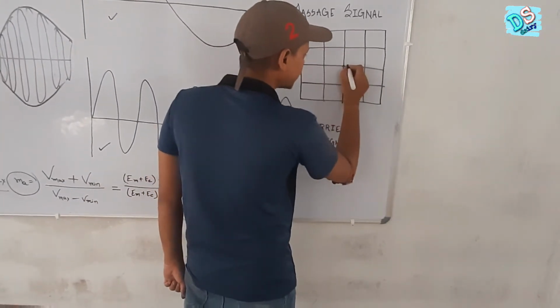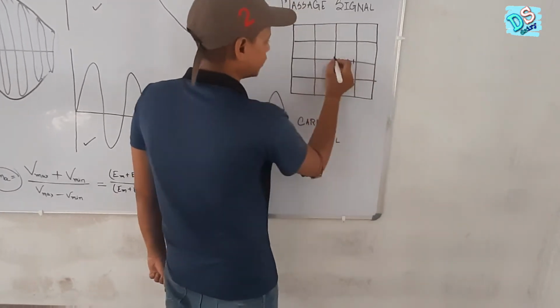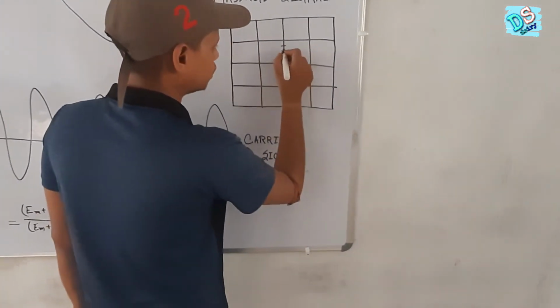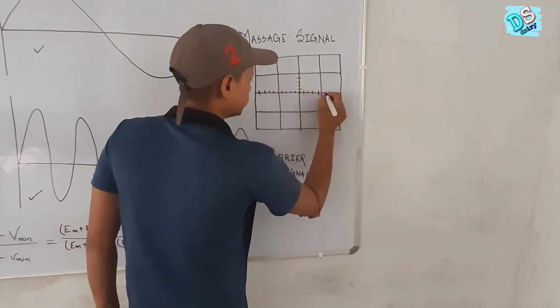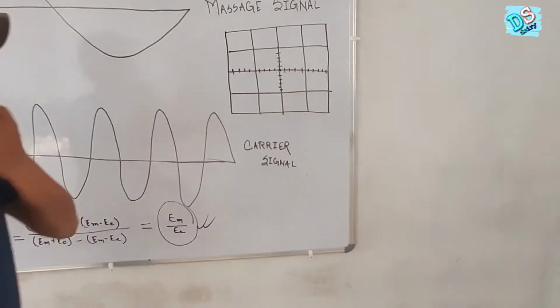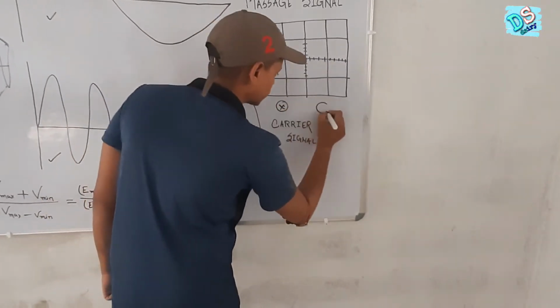Each box is divided into 5. 1, 2, 3, 4, 5. Like in y-axis also 1, 2, 3, 4, 5.